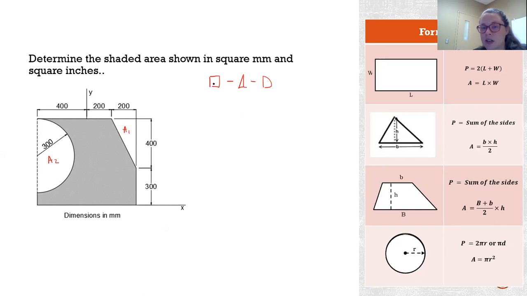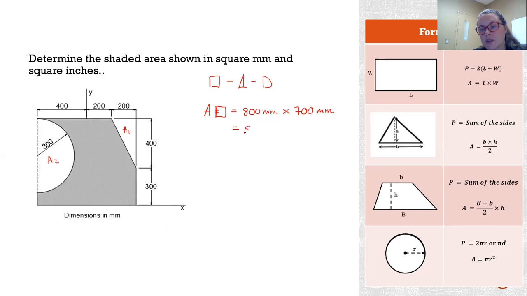Okay. So that will give us the approximate shape here. So we have a rectangle minus a triangle minus a semicircle. So let's calculate the areas of each of them. So the area of the rectangle, I like to kind of draw pictures because I find it helps keep things straight. So this piece, all the way across the top, we have 400 plus 200 plus 200, 800 millimeters times a height of 700 millimeters.